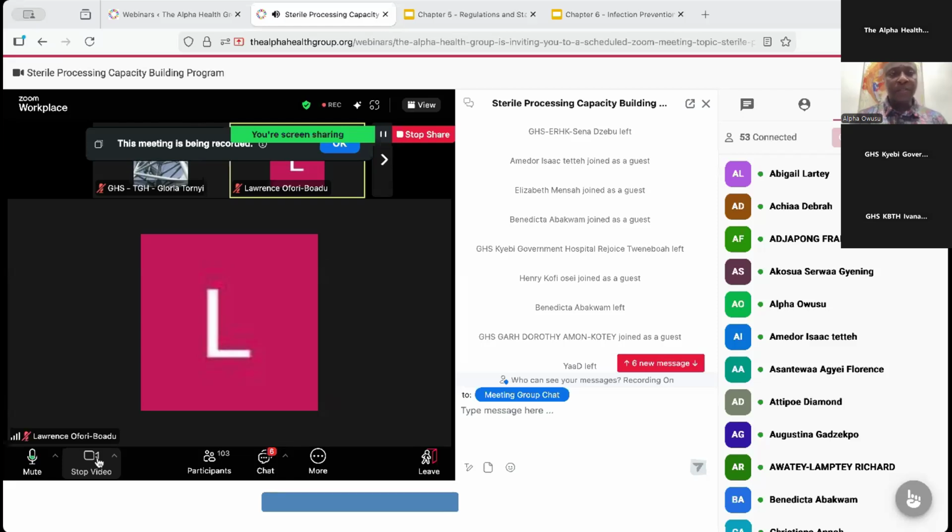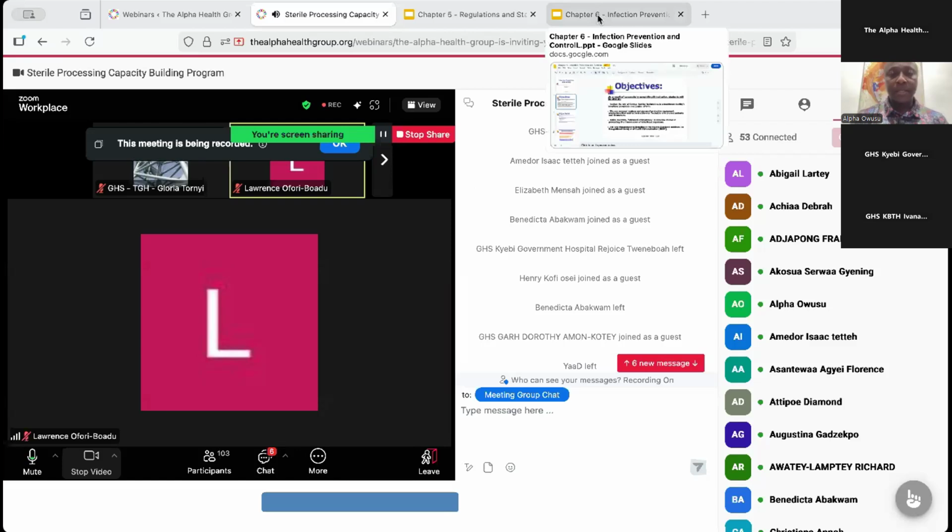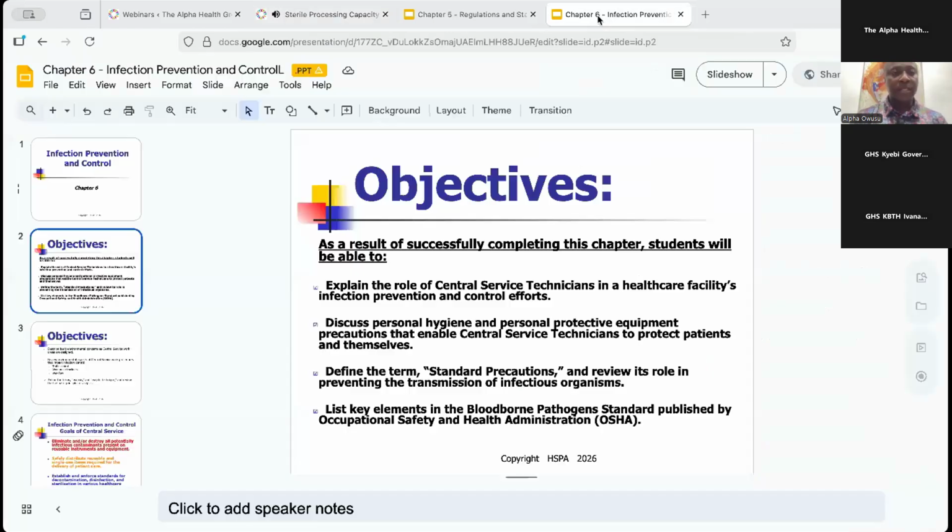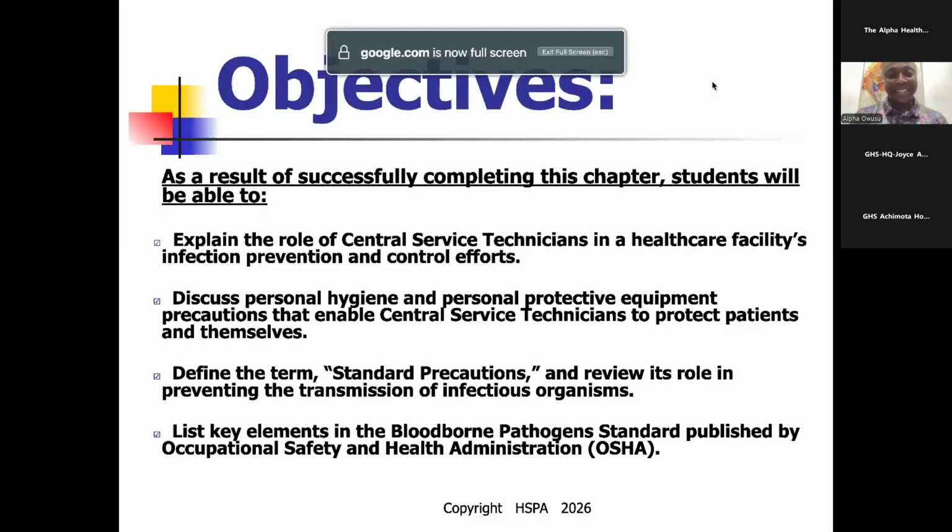Besides that, does everybody see the slides? Yes, now I can see. Now we can see. Now you can see, right? Okay. Yes, please, you can see.